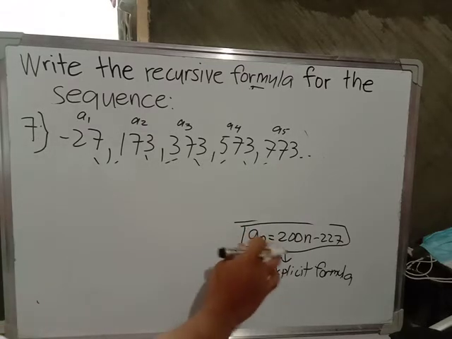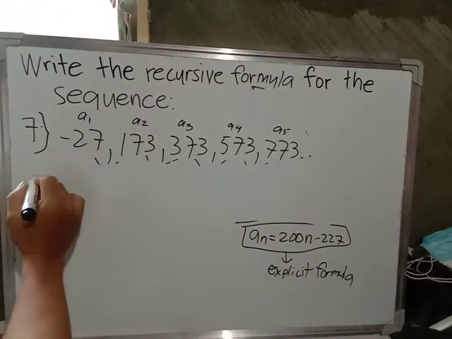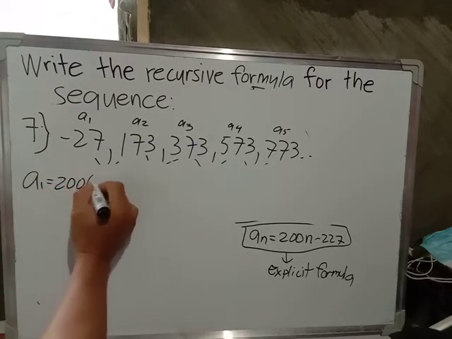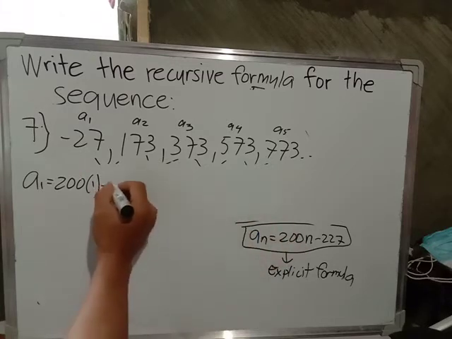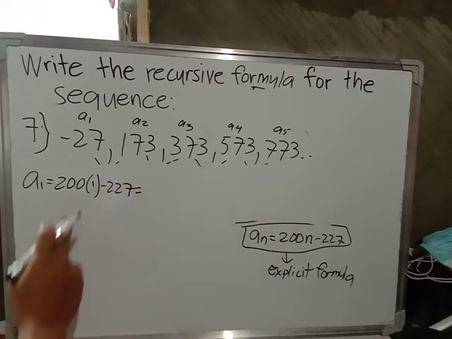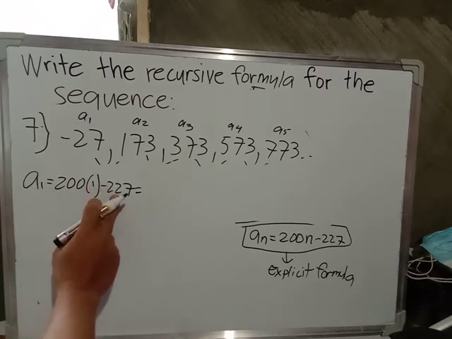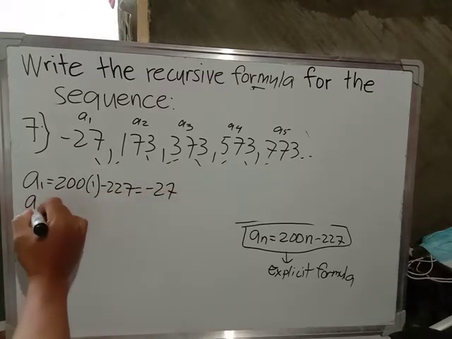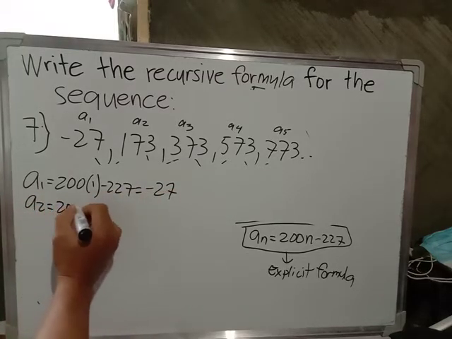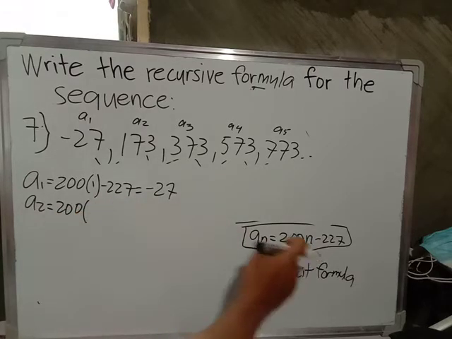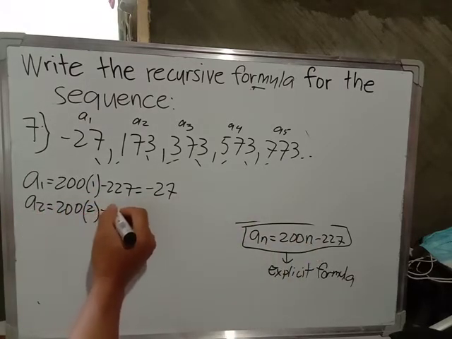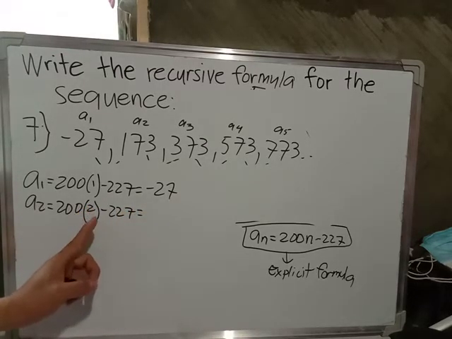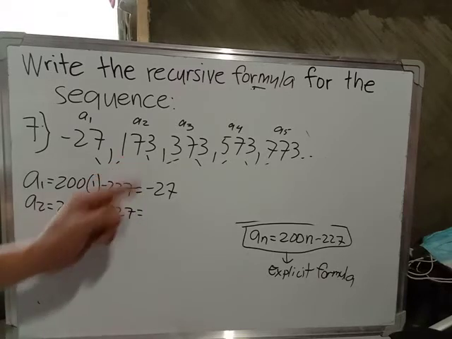Example. So, yan ang formula natin. So, function of a natin is a1 is equal to 200 times 1 minus 227. So 200 times 1 minus 227 is 200 minus 227 is negative 27. And so ito natin is equal to 200 formula times n, 2. So 2 minus 227 is equal to 200 times 2 is 400. 400 minus 227 is 173.